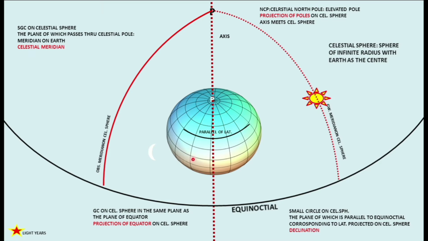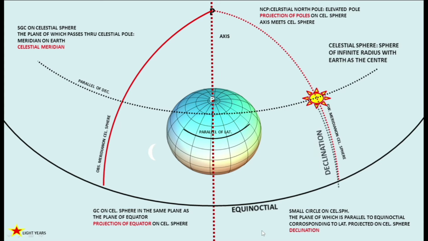Small circles on the plane of the parallel of latitudes are referred to as declinations. Declination circle, parallel of declinations. So declination basically corresponds to the latitude. It is the latitude of a heavenly body on the celestial sphere.